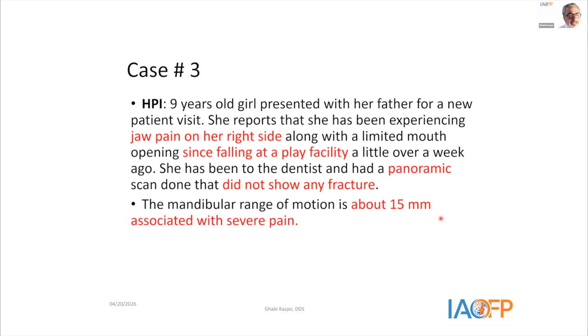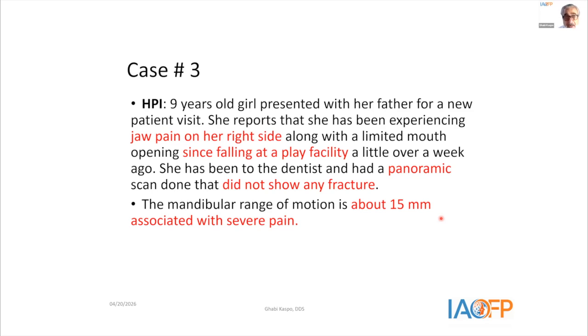We can shift a little bit. This patient, a 9-year-old girl, came with her father to the office with a panoramic X-ray from her pediatric dentist. She had pain on the right side along with very limited mouth opening. She said that she fell in the playground and fell on her face.